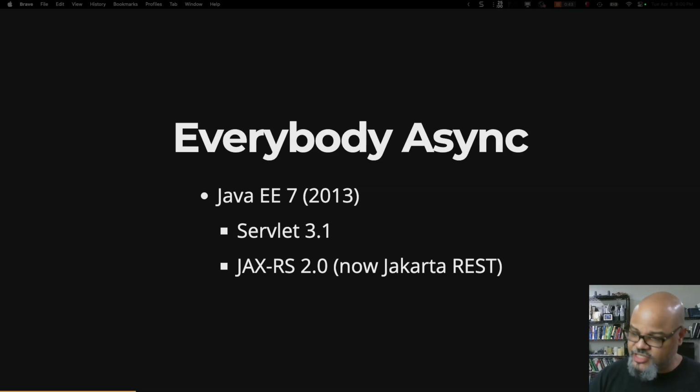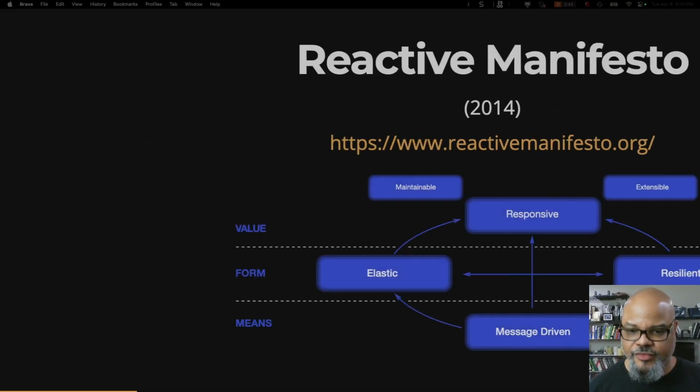JAX-RS, which is now called Jakarta REST 2.0, added support for the async response method. And in Java EE 8, which is now Jakarta EE 9, you have the ability to return a completion stage, which is a primitive part of the Java API for handling asynchronous requests. So all of these asynchronous features made their way into the core base APIs.